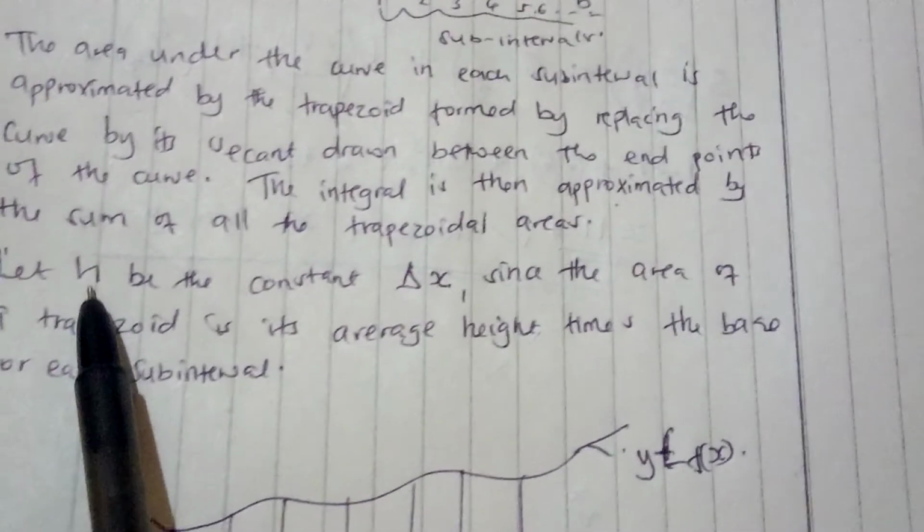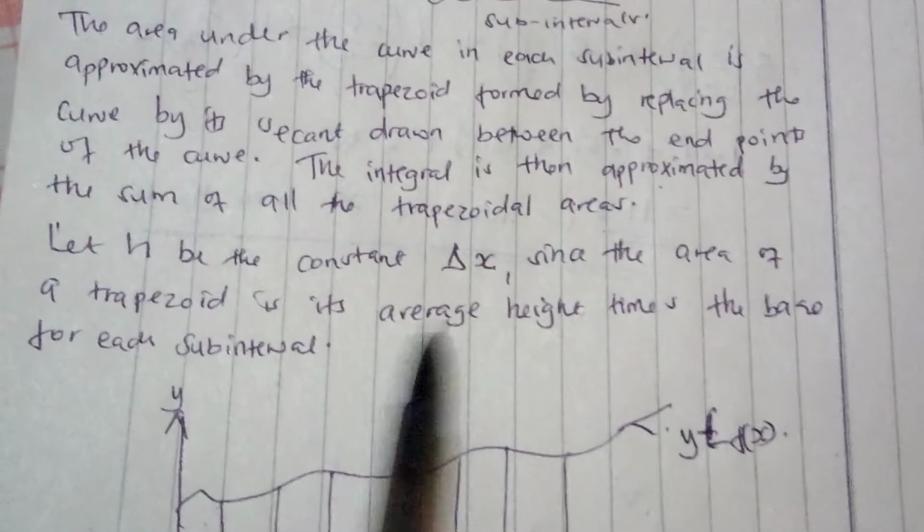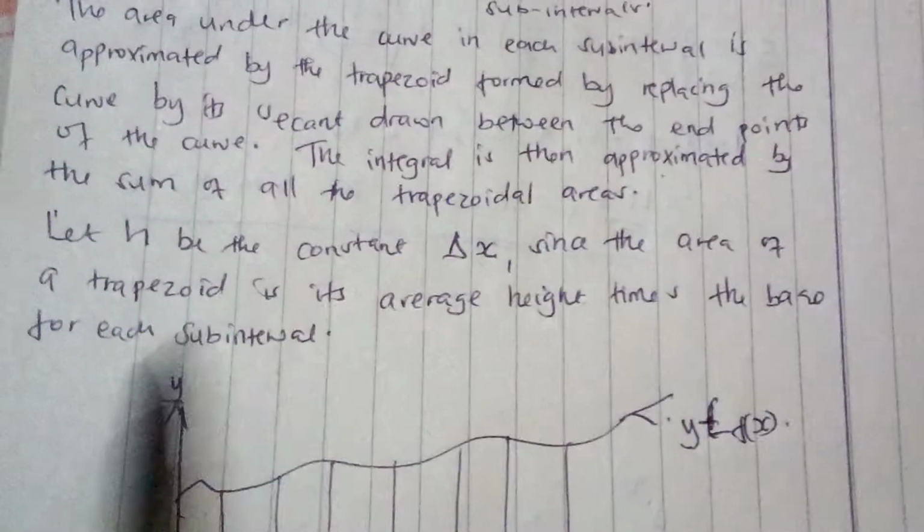Then you're being told, let h be the constant change in x, since the area of the trapezoid is its average height times the base for each subinterval. So what are the bases of each subinterval?